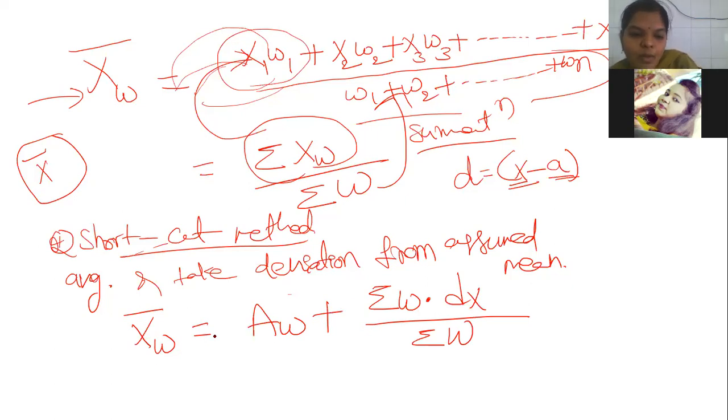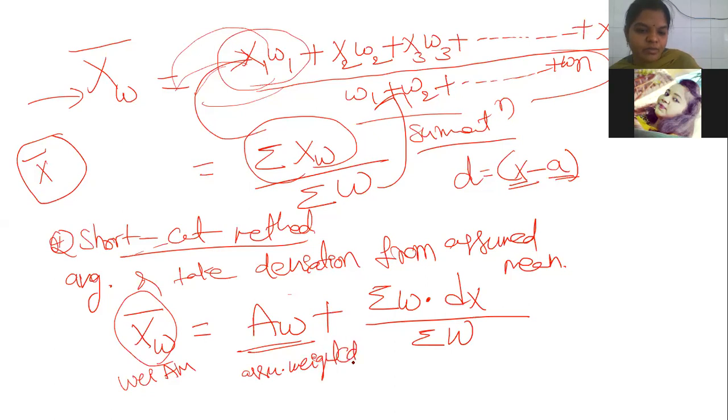Here x w bar is the weighted mean, and a w is the assumed weighted mean.